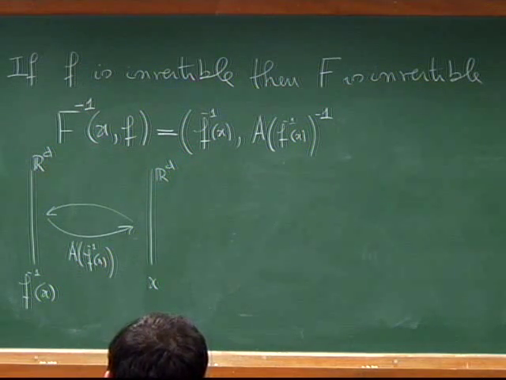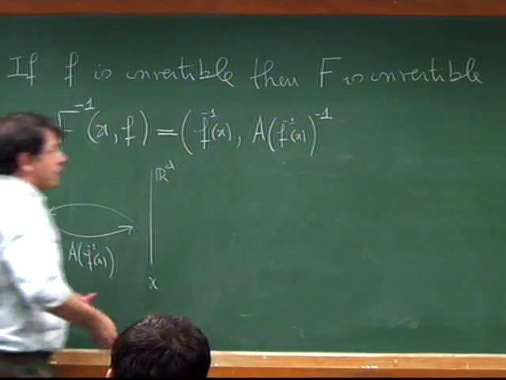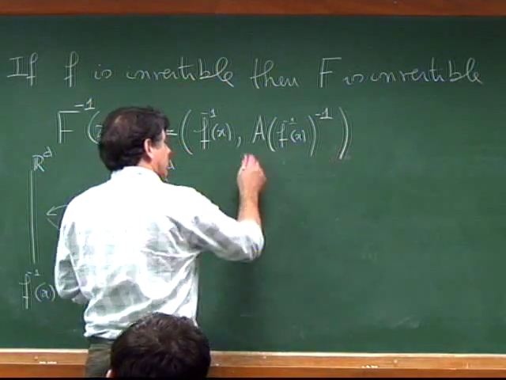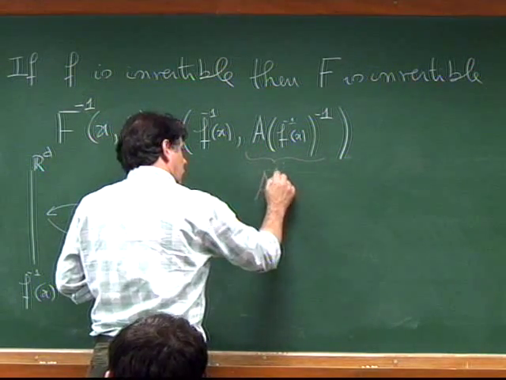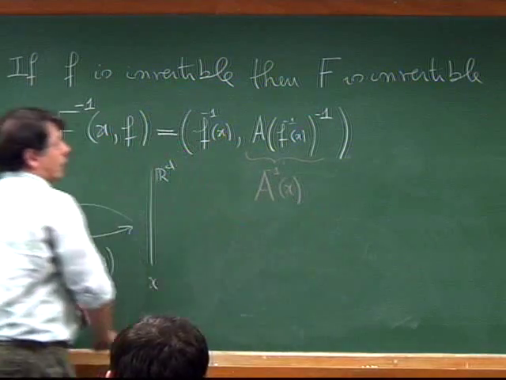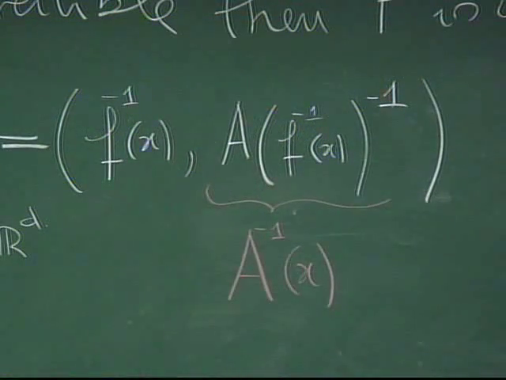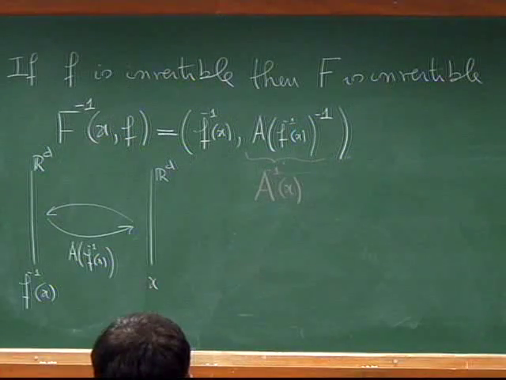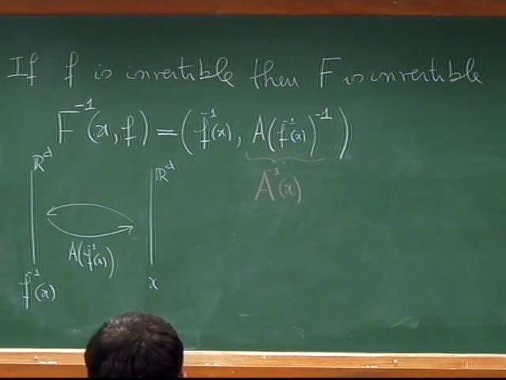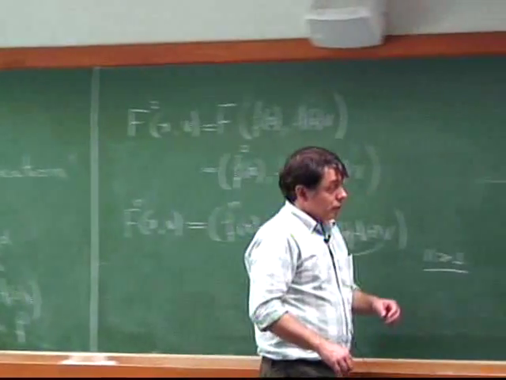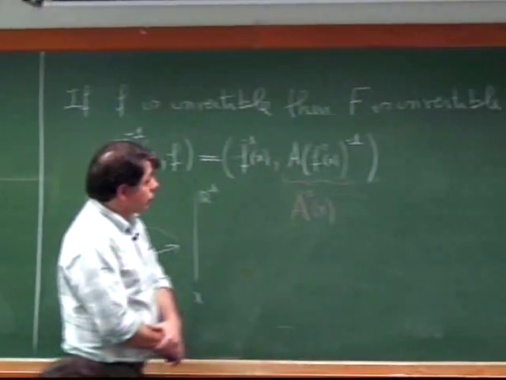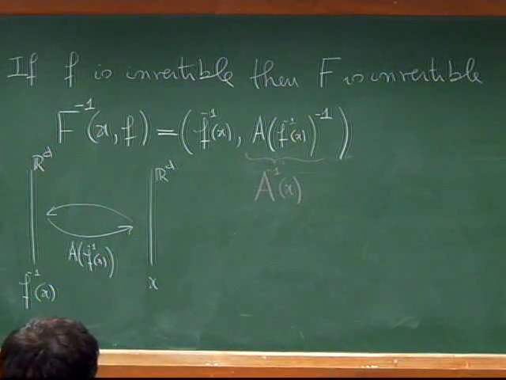And again, to simplify our notation, we call this A^(-1) of x. The good way to keep track of these notions is to think of the chain rule, the rules for the derivative, which are exactly the same here.